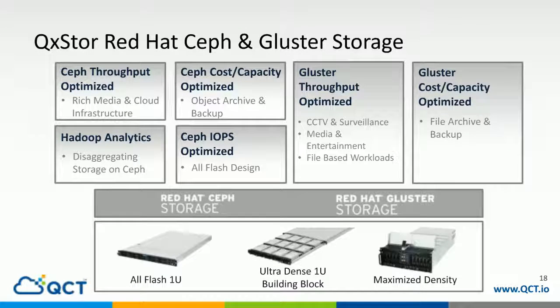And what we have done is primarily divide these workloads based on whether it's throughput optimized or cost capacity optimized. And we used our QuantaPlex T21P 4U box and also the QuantaGrid D51PH 1U box.